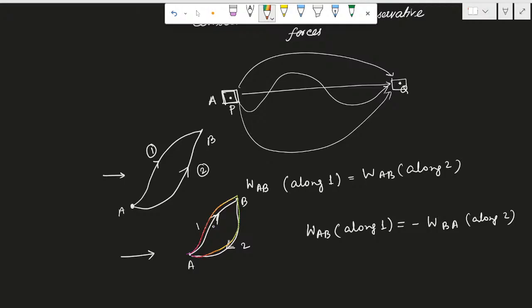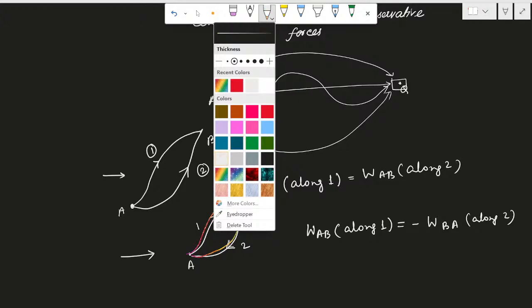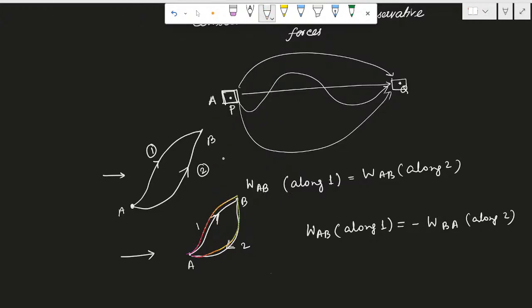So the conclusion is, work done AB along 1, plus work done BA along 2, is equal to 0.